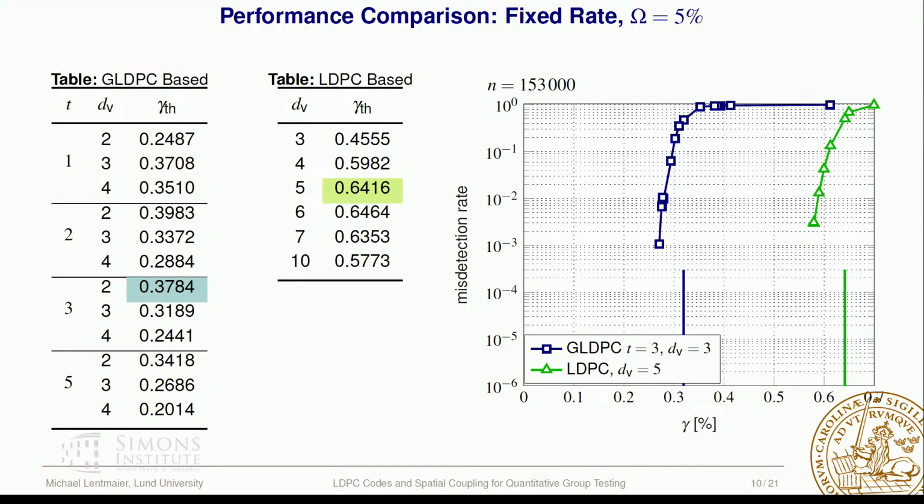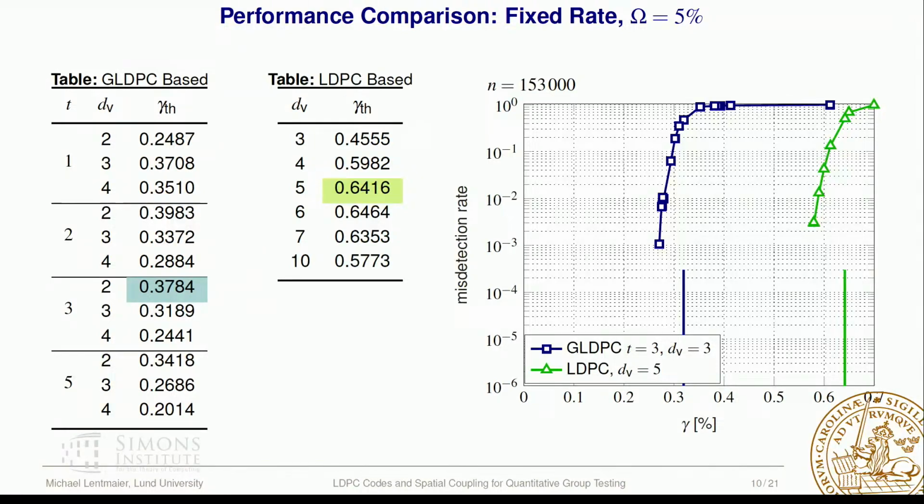This is shown here. These are more like error rate curves now: the misdetection rate as a function of how many items are defective. You can see the original code here, and this is a finite length simulation. The vertical lines are the thresholds that we can compare to. Is one of these spatially coupled?